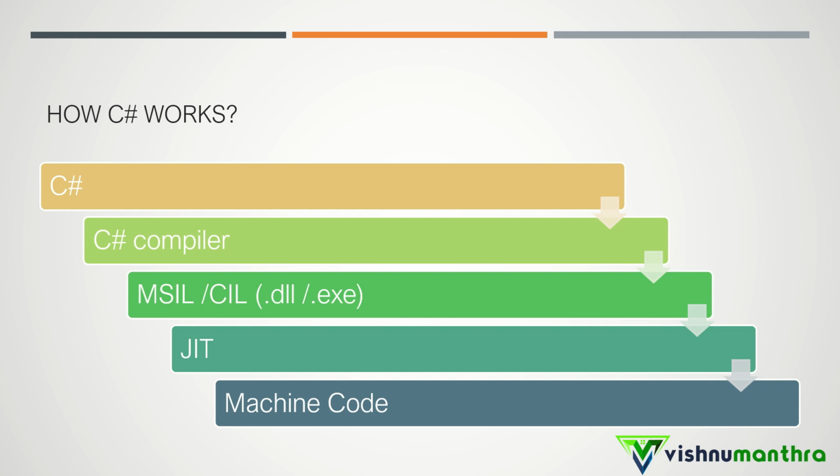And why is it done in two different parts? You might be thinking, why can't we directly convert it into machine code? The answer is that it is to support interoperability between different languages. That means you can also use VB.NET or F# for your scripting purpose. So there may be different developers or testers working in different languages.